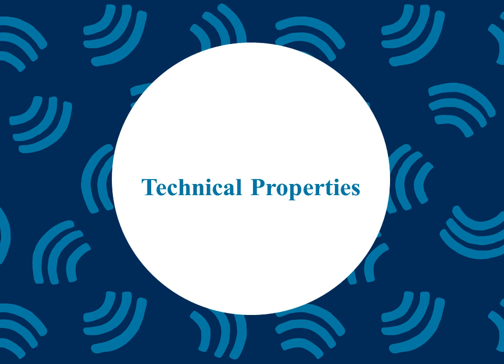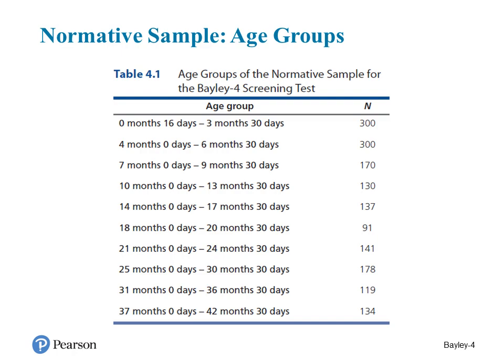And so it's important for us to select a tool that will provide us with the information that we need to be able to identify those infants and toddlers who need to be referred on for a comprehensive diagnostic evaluation.